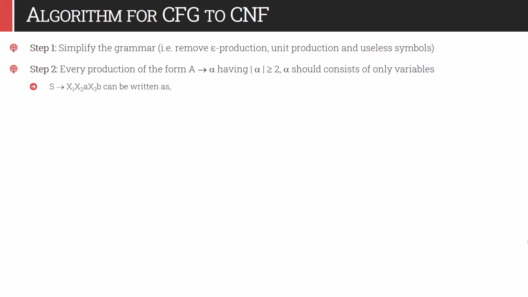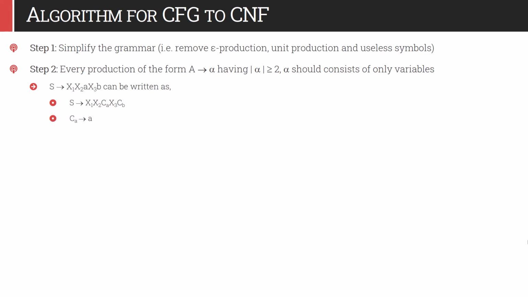For example, if S gives X1 X2 small a X3 small b. Here X1, X2 and X3 are non-terminals because they are shown in capital letters, but small a and small b are the terminals. And as per the definition, if the length of alpha is greater than or equal to 2, then all symbols in alpha must be variables or non-terminals. So small a and small b, we have to convert into variables. We can replace small a and small b by some variables, let's call them CA and CB.